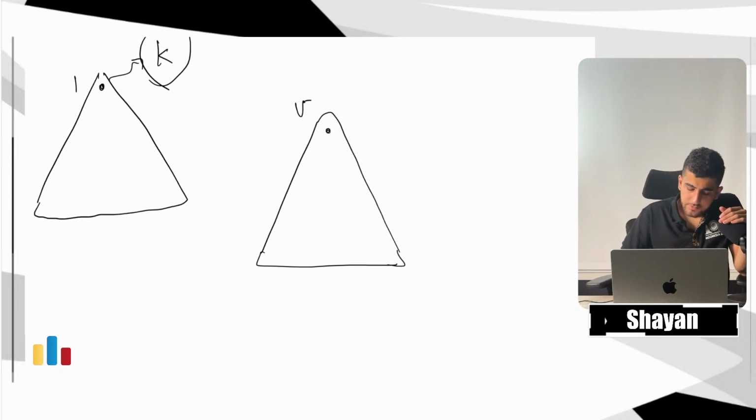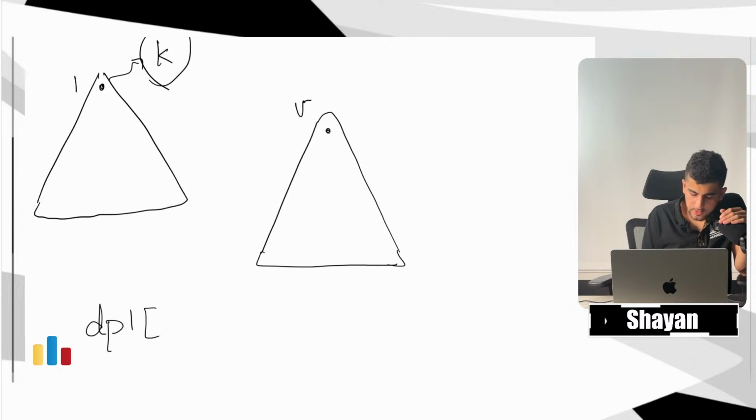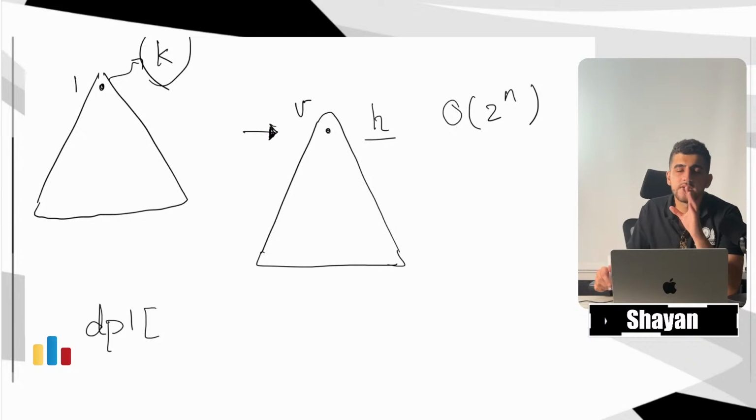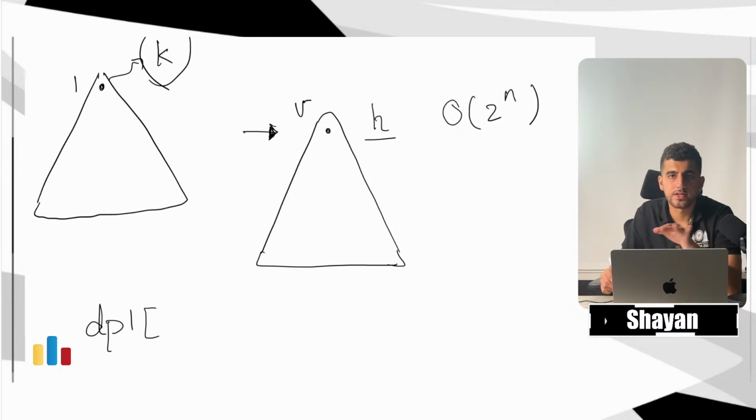So you can have, for example, 2 DPs for v. About v, you do not need to keep vertex v because you have O(2^n) vertices. Instead, you can keep the height of v, h. For example, vertex v is at height h, or you can say how many layers are in its subtree.